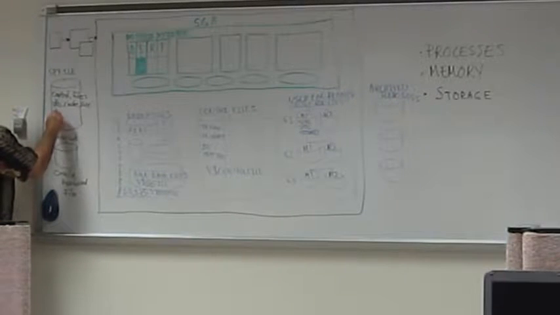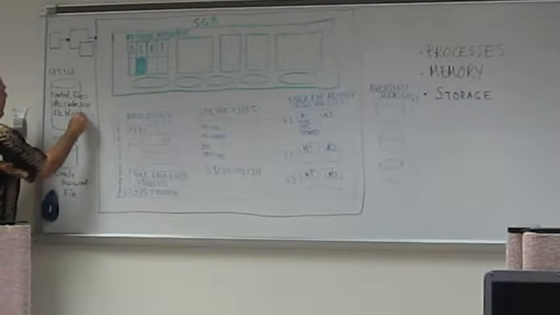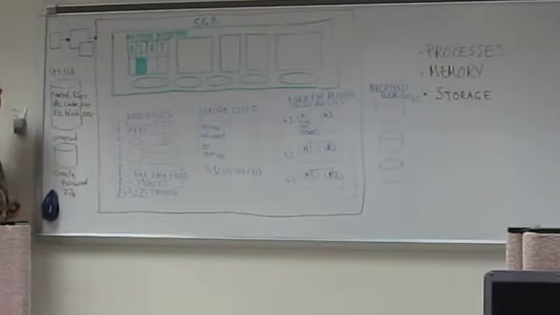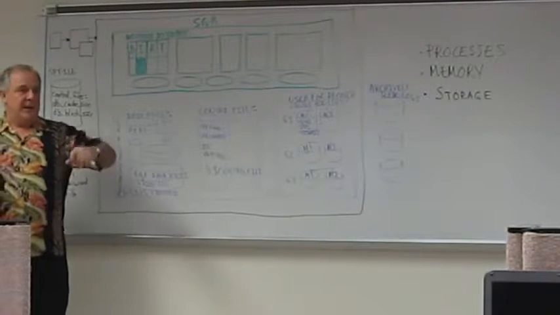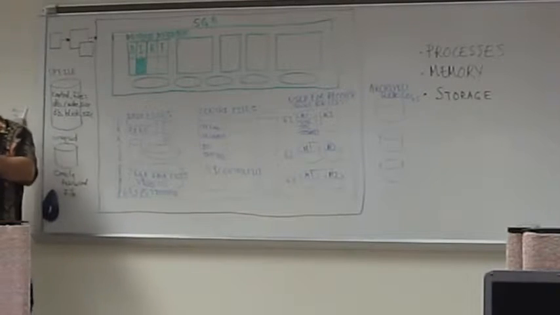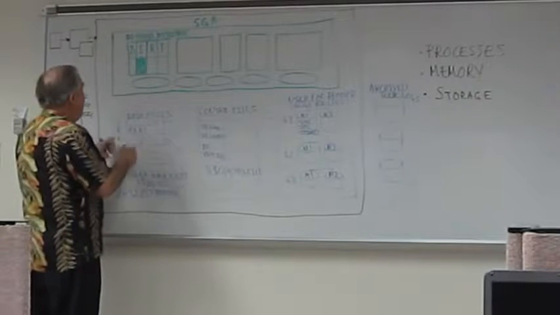Another very important parameter is db_block_size. And for us, in these two classes, Admin Workshop 1, Admin 2, Workshop 2, each one of these blocks is going to be 8K.